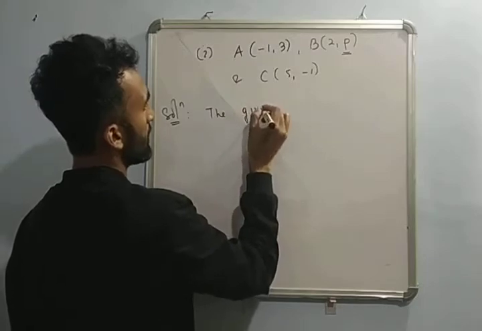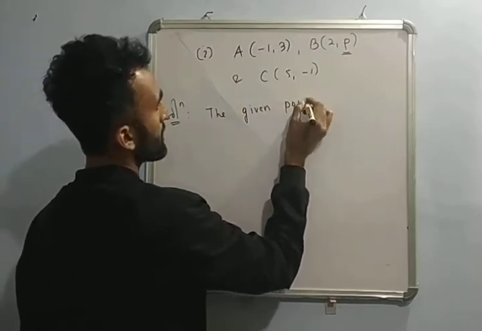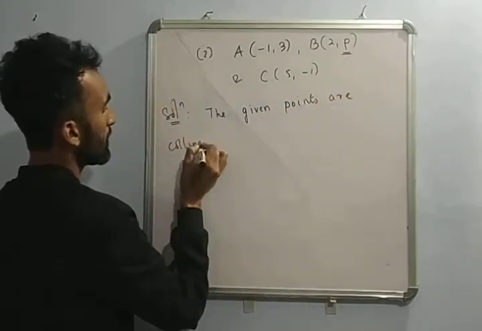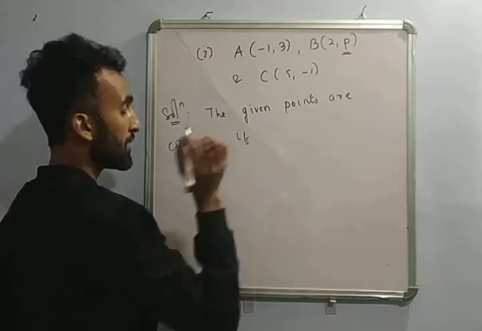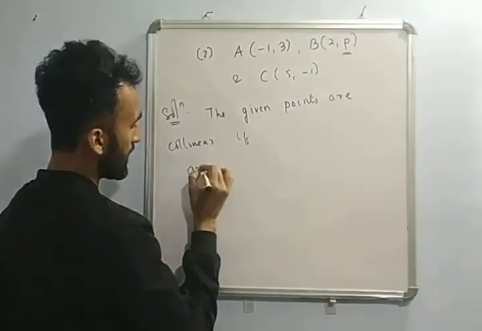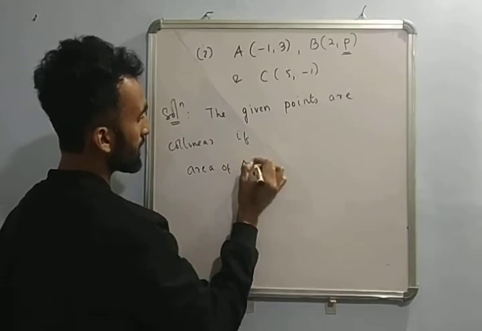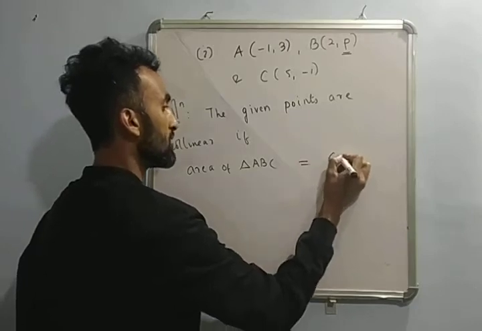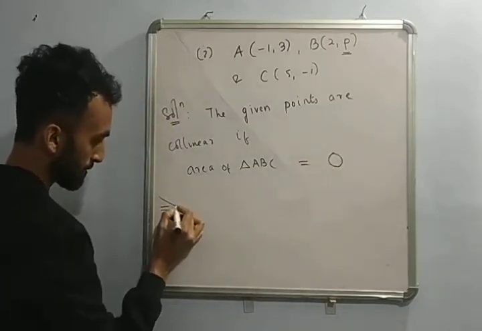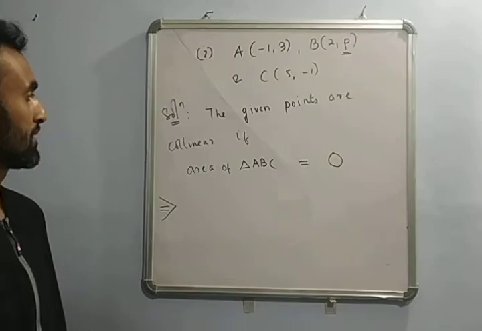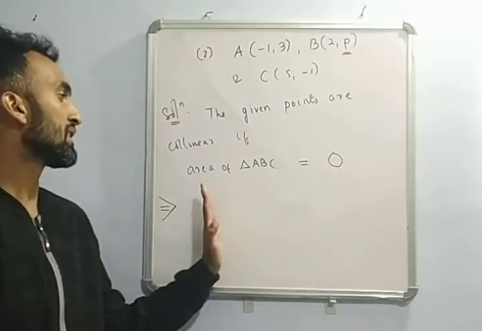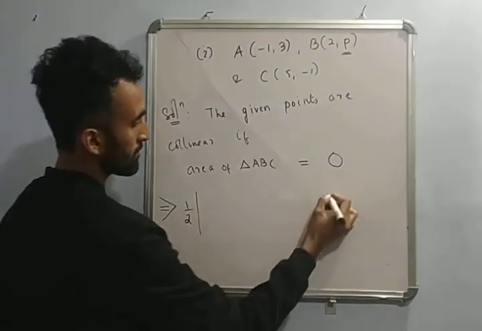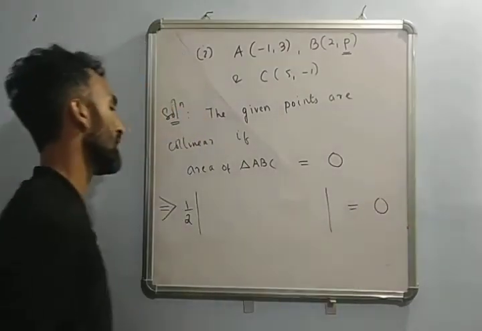See how I start. The given points are collinear if area of triangle ABC equal to 0, which implies, see, I don't have to prove equal to 0, I have to use left hand side and right hand side now, which implies half equal to 0. So what do I have to write here?